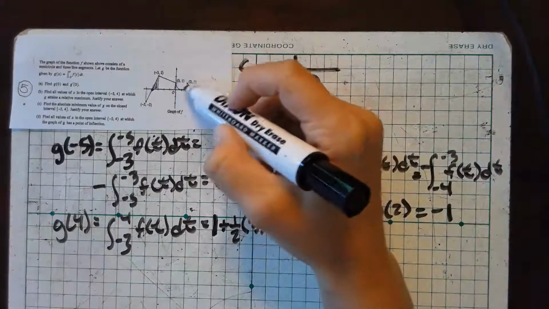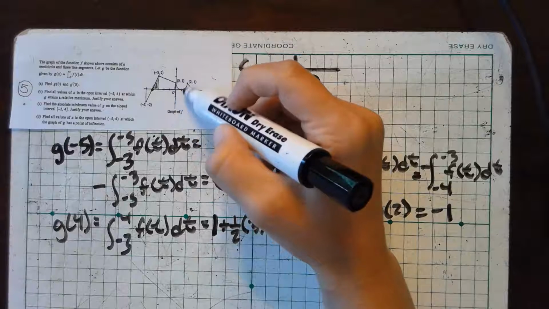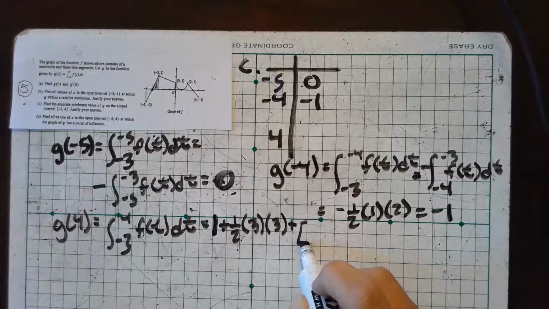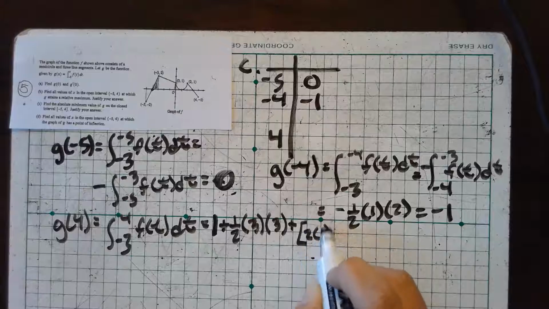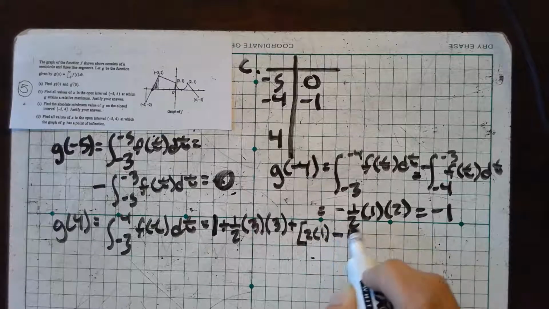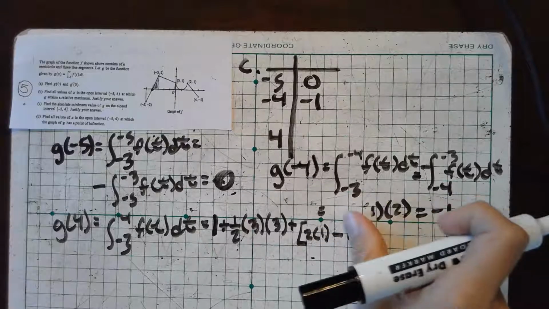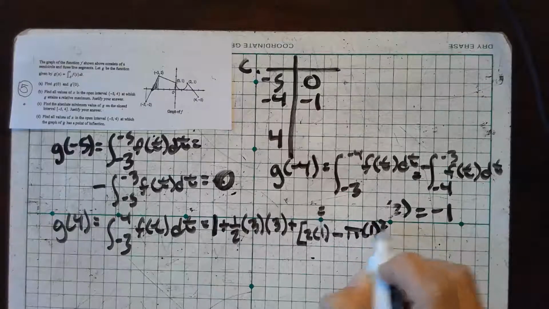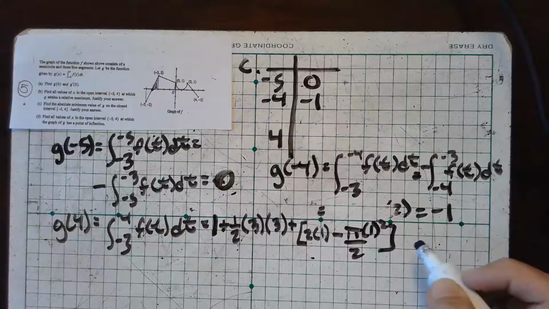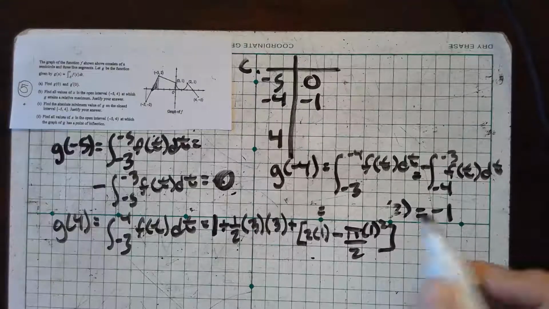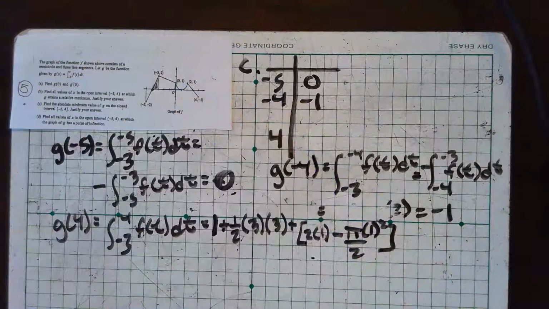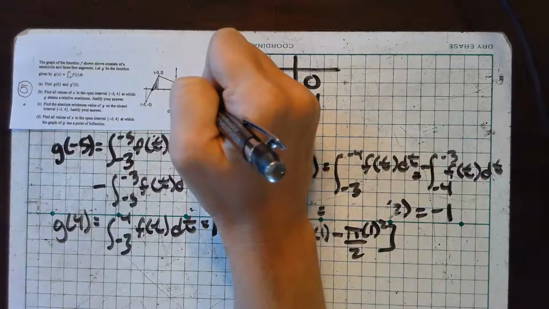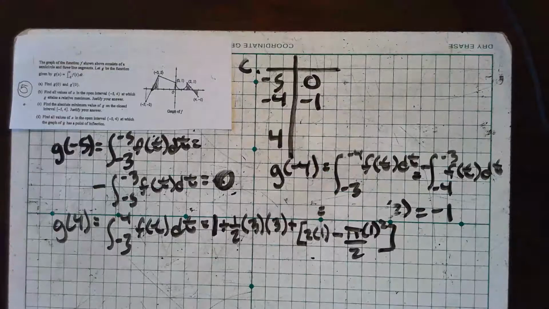Now be careful. This is like a rectangle minus a semicircle. So I've got to do the rectangle, which is 2 times 1, minus the semicircle, which is pi times 1 squared divided by 2. And then I've got to do this triangle and this triangle, but they're the same, so I don't even need to add those in.